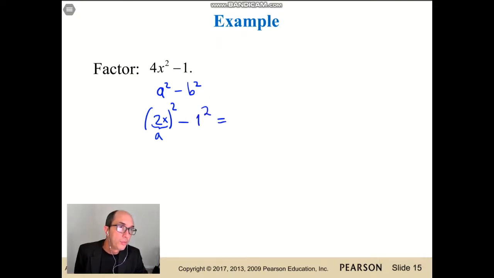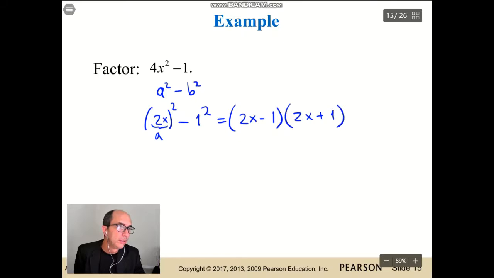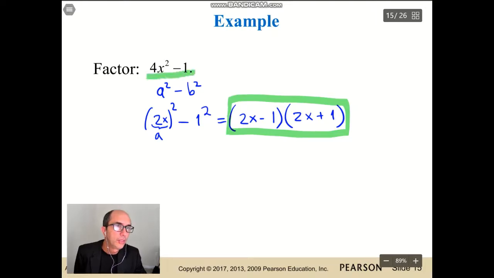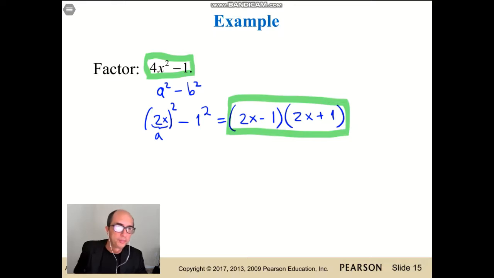And that we can rewrite as (2x minus 1) times (2x plus 1). Again, just to remember, this is equal to the original expression. This is how we factor the original expression.